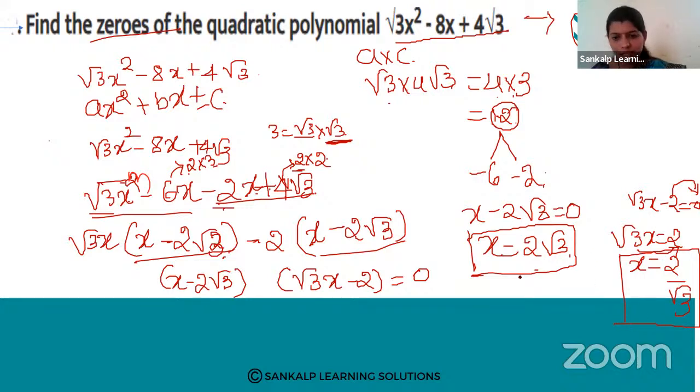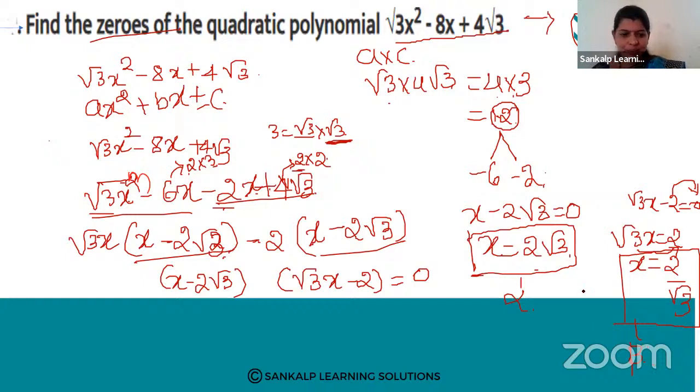These are the two zeros, alpha and beta, of the polynomial. Understood? Any doubt? If you have any doubt, you can ask me.